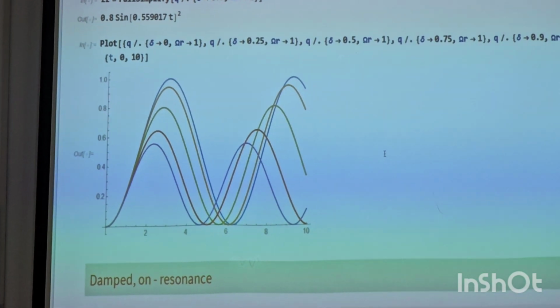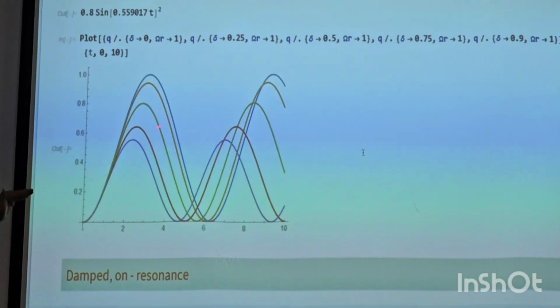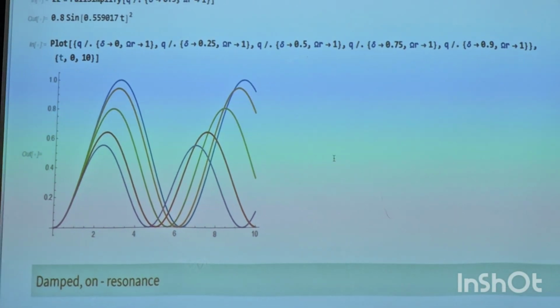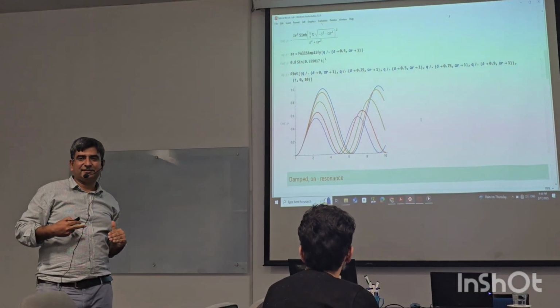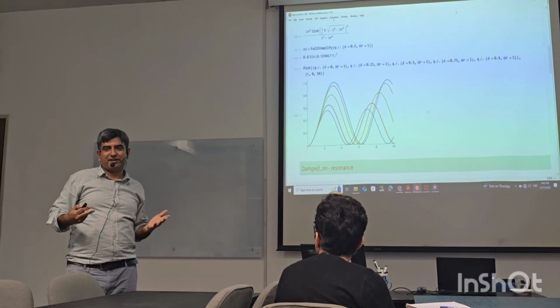And as I move away from resonance, two things happen. The first thing is that the height of these peaks goes down, which means I do not get the complete inversion. All my states do not excite to the excited state. It's impossible to do a complete inversion, no matter how strong a field I apply.